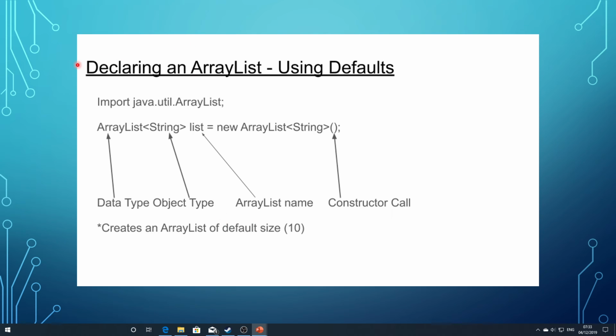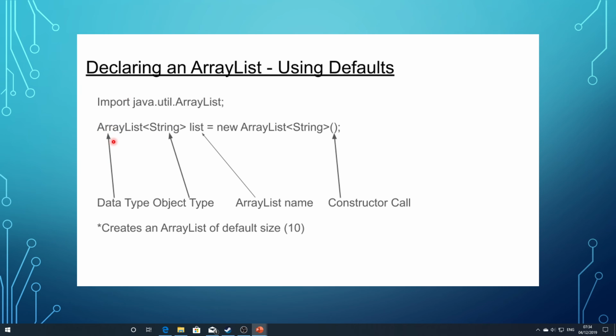Okay, so declaring an array list using default. This is how you declare it at the beginning of your program. Something that is different from the array is that it has an import java.util.ArrayList, and the other one doesn't. You can just write it, but if you don't include this, it will give you a red error.